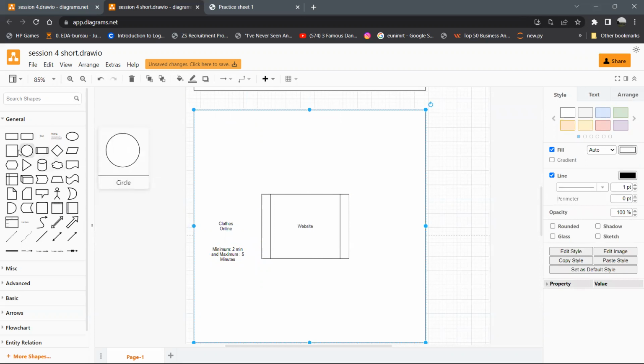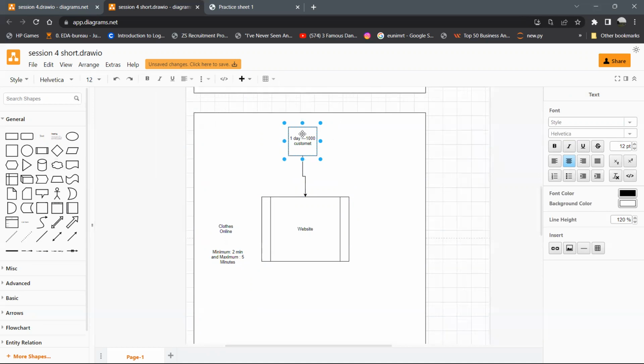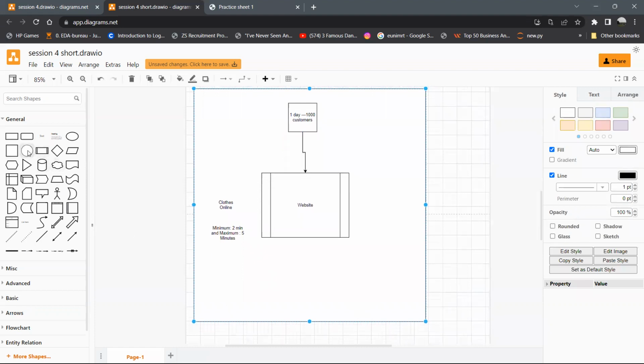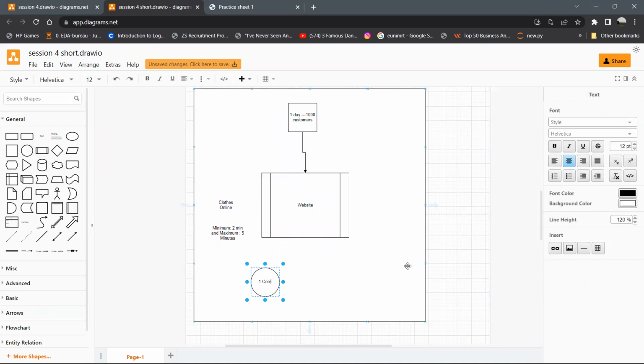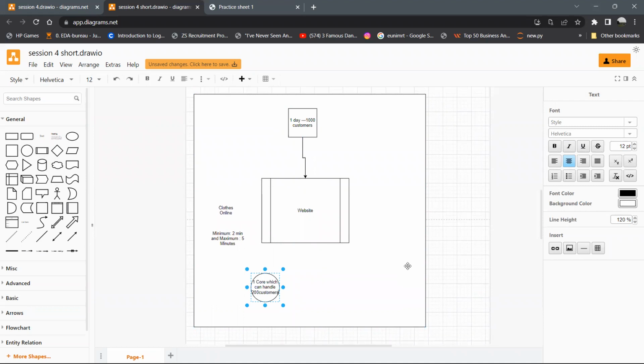Now we are getting this traffic to the website, and here we are having, let's say, for one day the site has some 1,000 customers, and as of now the website is using only one core which can handle 200 customers.